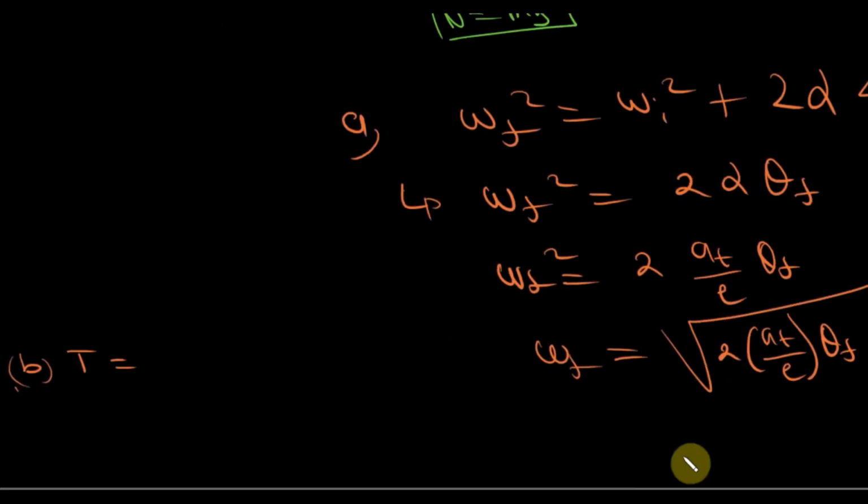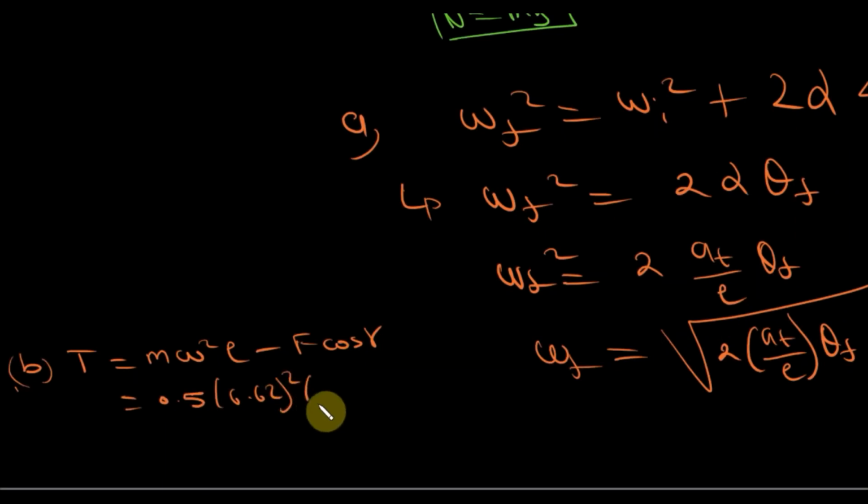Tension force is equal to m omega squared length minus F cos gamma. I know the mass, I know angular velocity, I know the length, I know this force, thrust force, and I know the angle.